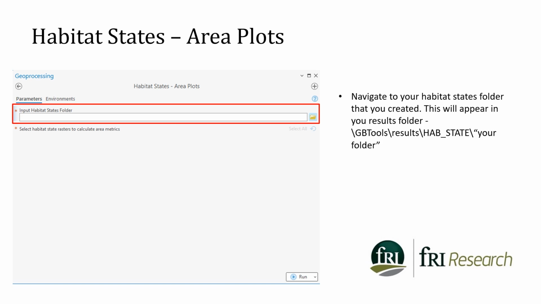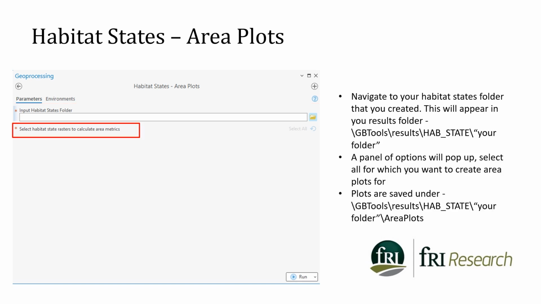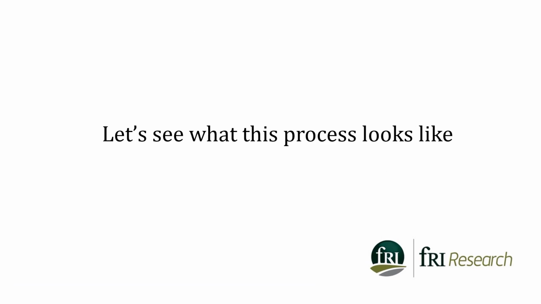This will appear in your results folder under GBTools results, habitat state, and then whatever you named your folder. And then a panel will pop up where we are able to select which option you want to run this for. So you can select habitat states, which will run it for all, or you can just run it for RSF, risk, or habitat states individually. So let's see what this process looks like by running through an example.